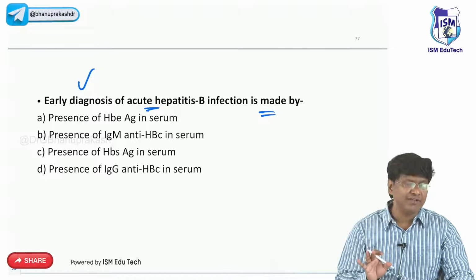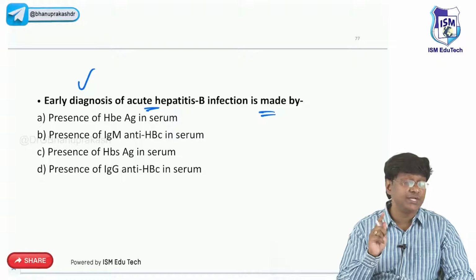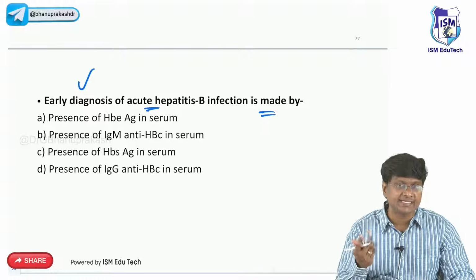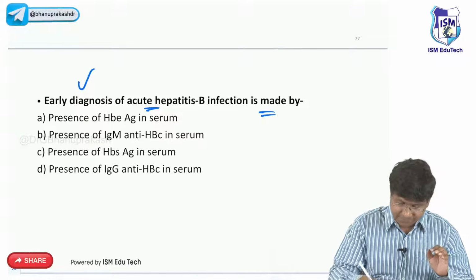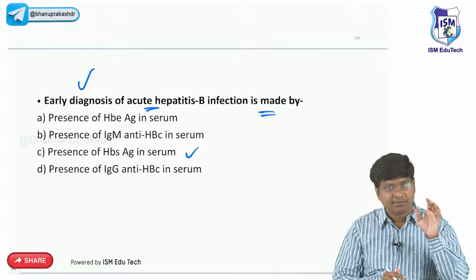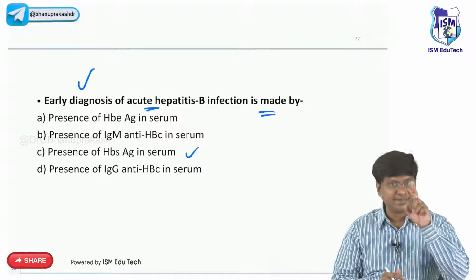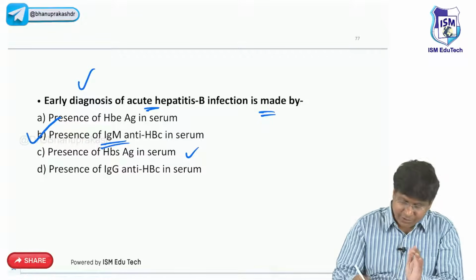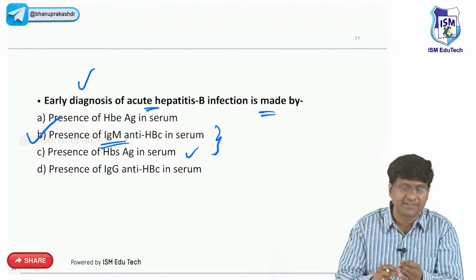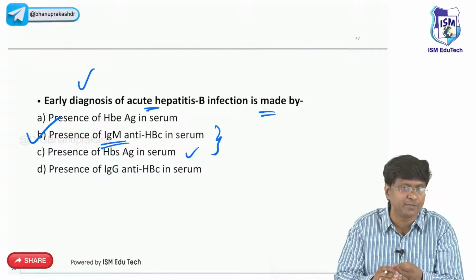Now, when you are having options like this, you need to act a little cleverly. There is a very high chance that you may go with the surface antigen. This is also a correct answer. But the best answer here will be the presence of IgM anti-HBC. Actually, in acute hepatitis you get both: surface antigen will be positive and IgM anti-HBC also will be positive.